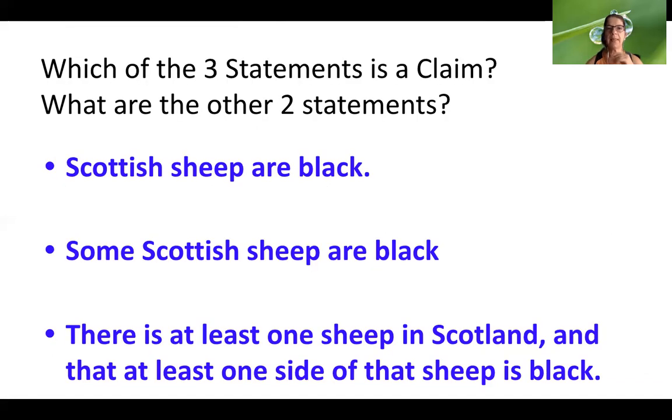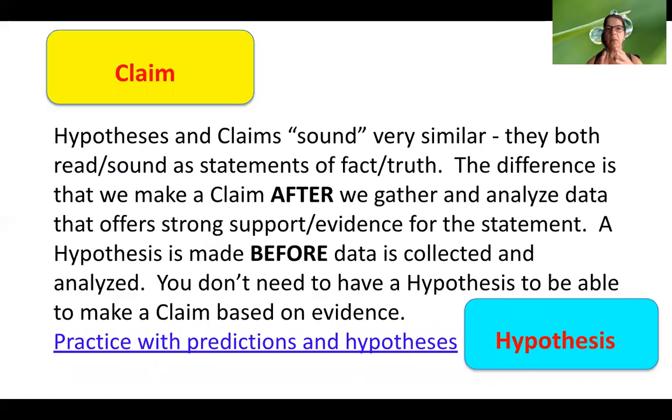If you examine these statements, this is what you probably noticed. Hypothesis and claim sound very similar. They both read and sound as statements of fact and truth. Now, the difference is that we make a claim after we gather sufficient data and analyze it. Sufficient, emphasis on sufficient.